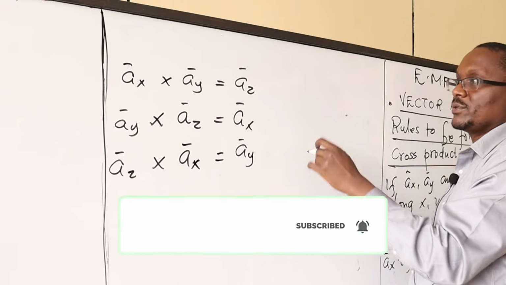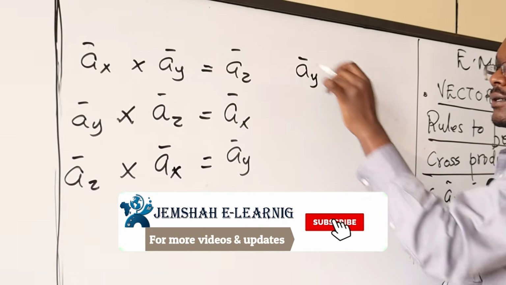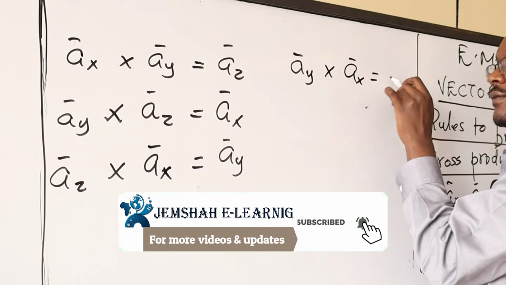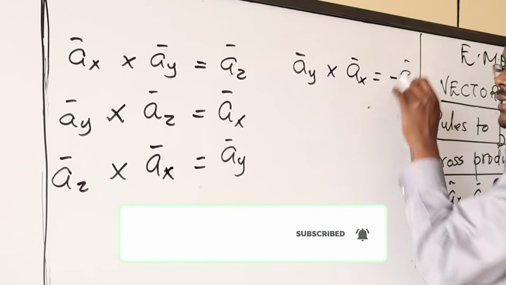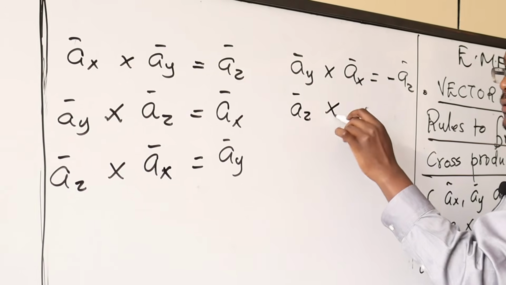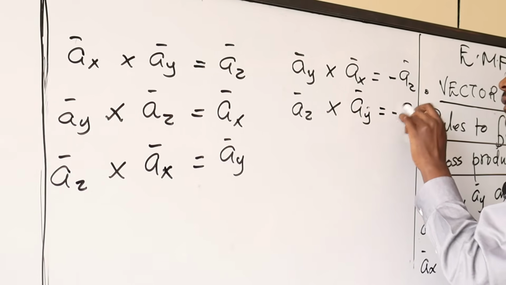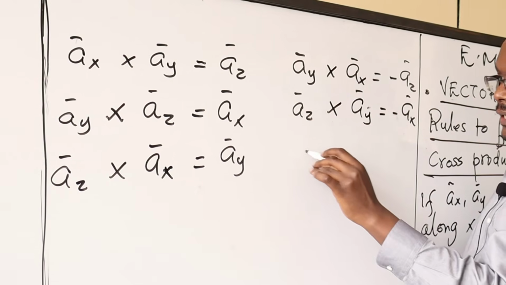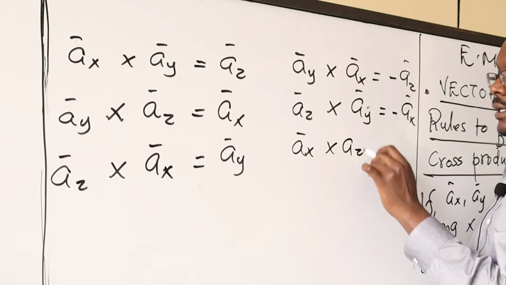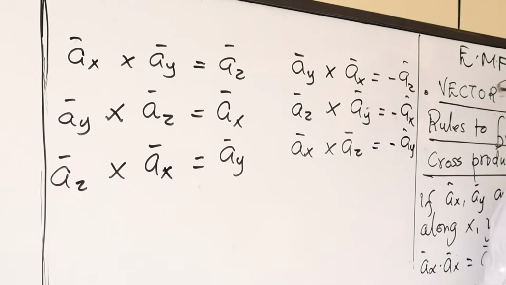If we do the opposite, then AY cross AX will give negative AZ, and AZ cross AY must give us negative AX. Similarly, AX cross AZ will give us negative AY.